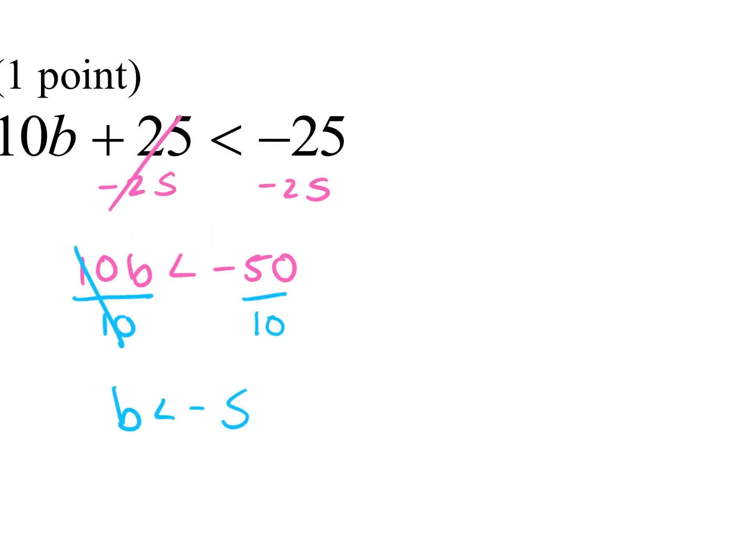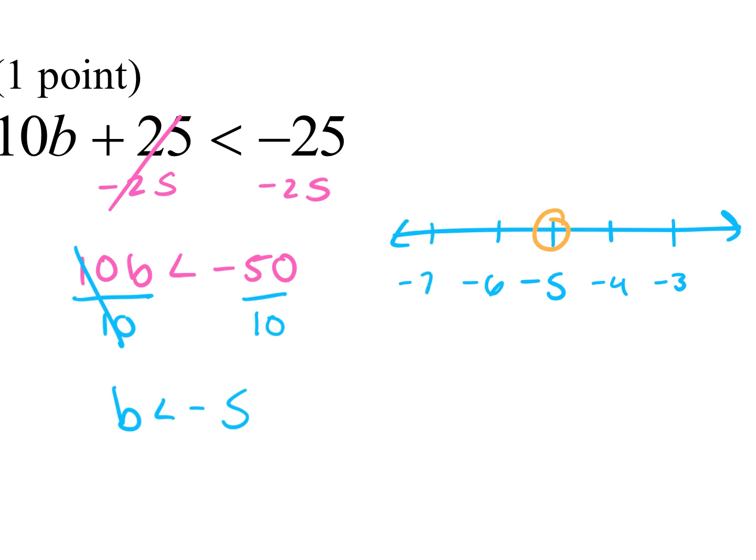Is this true? I'm sorry. Not yet. We haven't plugged in a number. Do I put an open or closed circle at negative 5? An open circle. I'm just going to put some more numbers on my number line. So this would be negative 4, negative 3. Over here, negative 6, negative 7. Remember, because our numbers go smallest to largest.